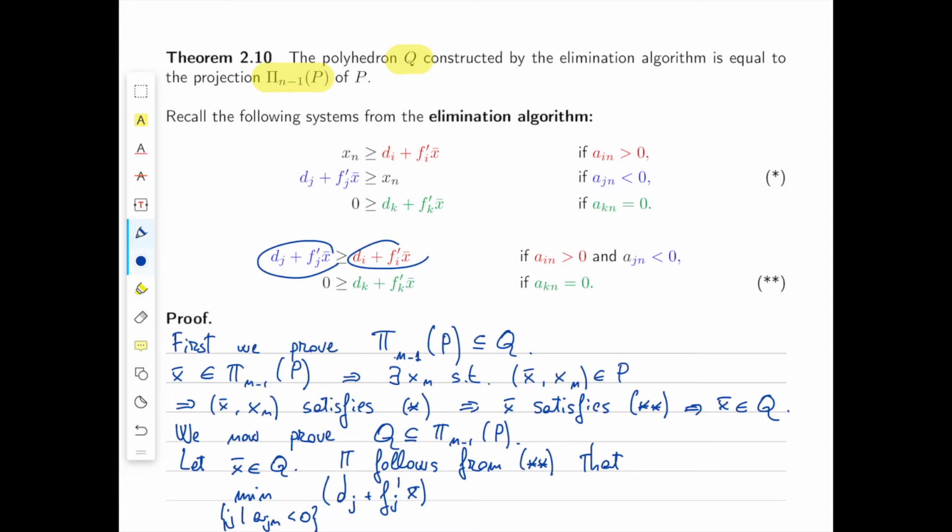So this is the minimum among the upper bounds, and we said that this is greater than or equal to the maximum among the lower bounds, which we can write as max.